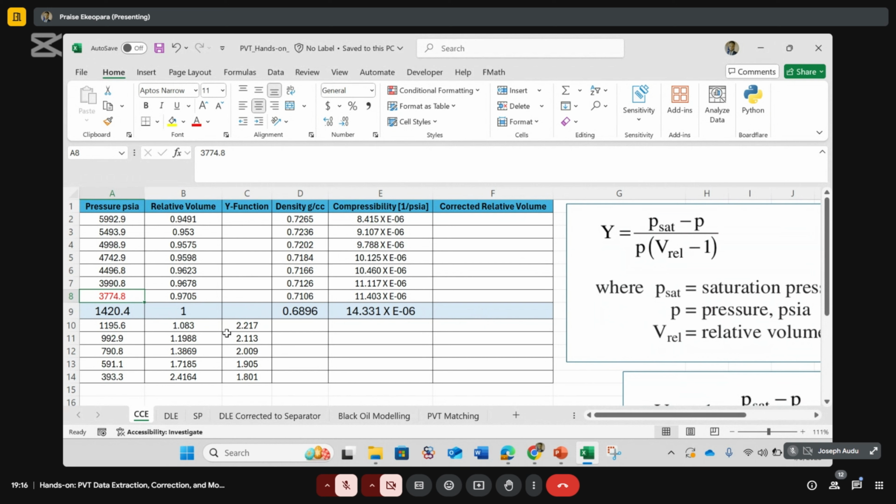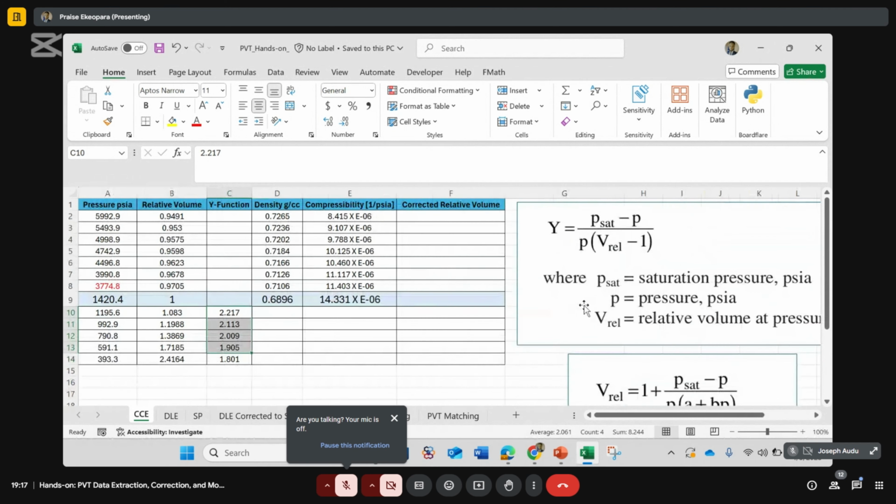Like the volume of the fluid we are entering into the cell is 100% oil. But as soon as we move from the bubble point down, there is now a kind of appearance of gas, right? Gas will appear, and once it appears, our relative volume may not really be correct again, because we are no longer dealing with 100% oil. So this Y function is something we use to correct.